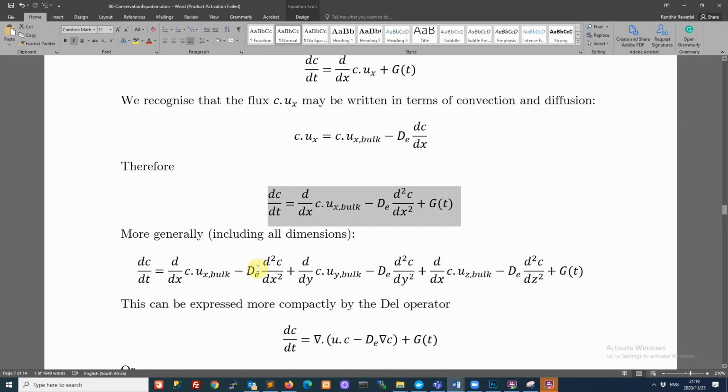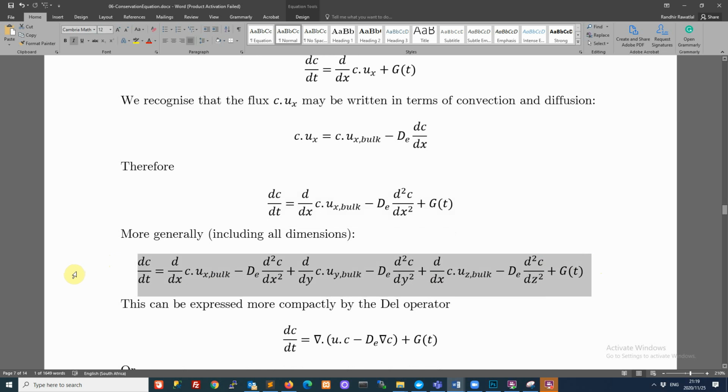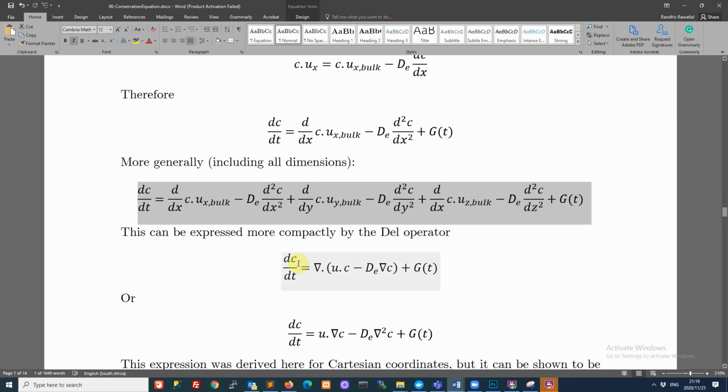Right, so that's if we only have velocity in the x direction. More generally, we have velocity in all directions, and so we will have terms for y and for z as well. So that's the equation that we can generally write here. And then again, we can use the del operator to write this more compactly. So remember, del takes care of gradients in all three dimensions. And so we can write this as the del of uc.